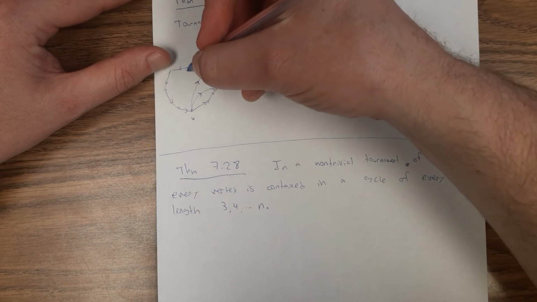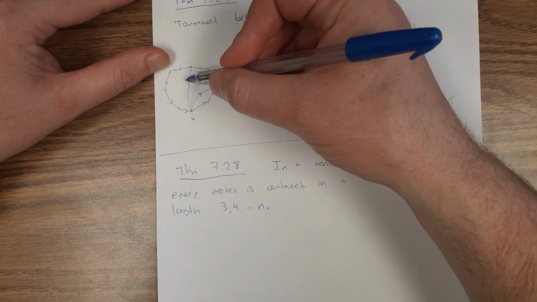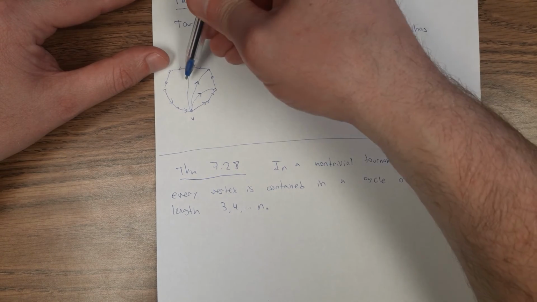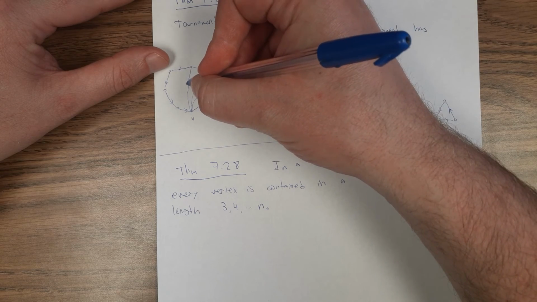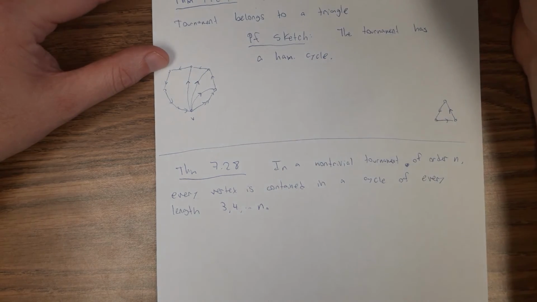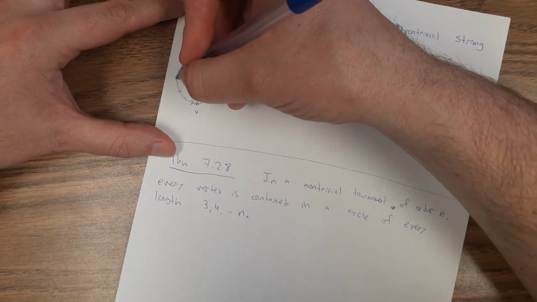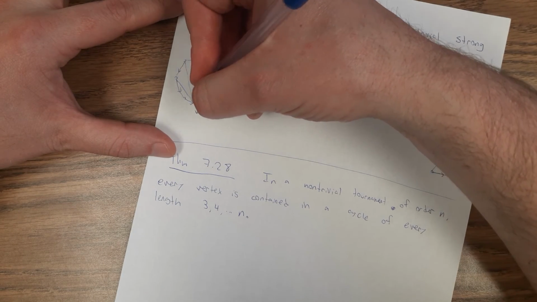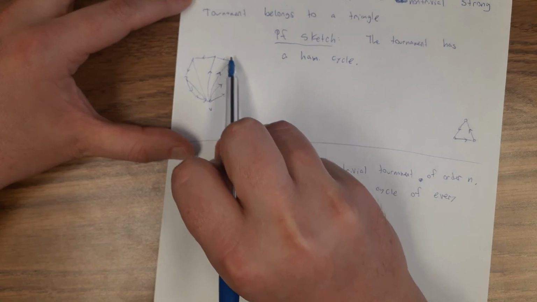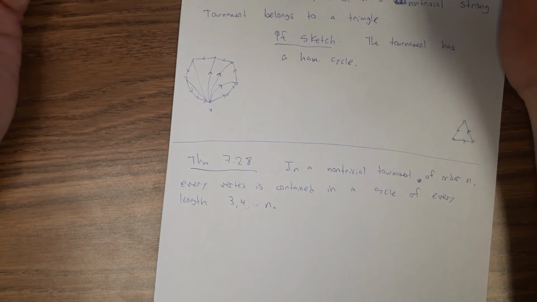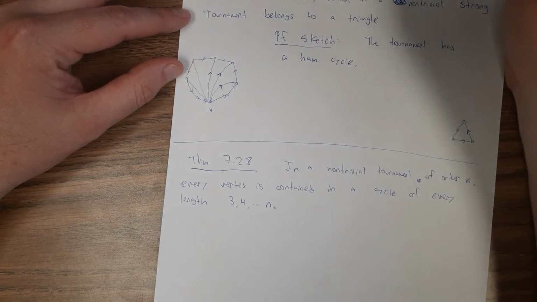And then I'm just going to keep going. Which direction could this edge be? If it's towards V, then I see this triangle. So what if it's that way? What I'm doing is going around the cycle and saying, if I don't have a triangle, which direction do these edges have to go?